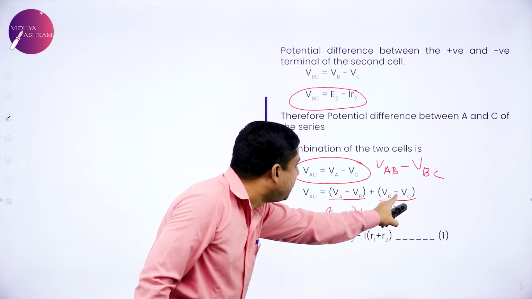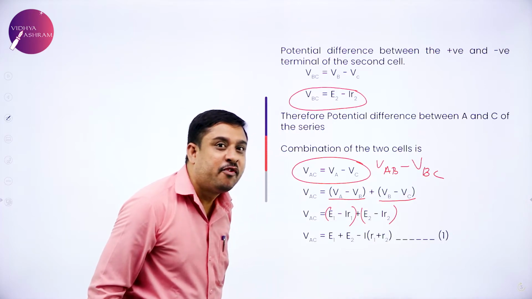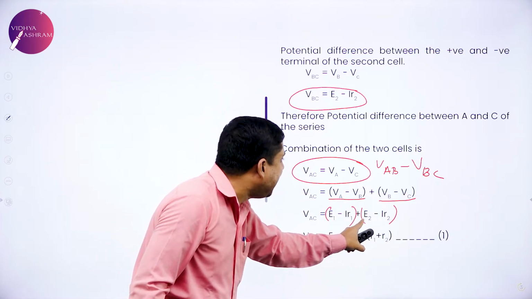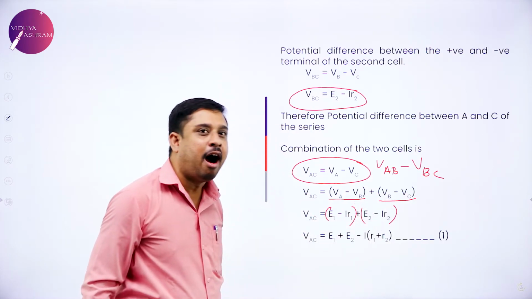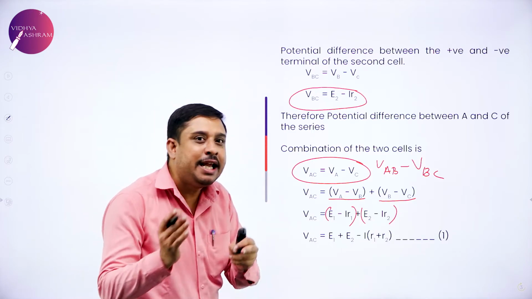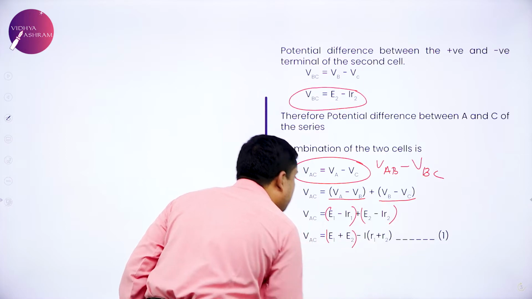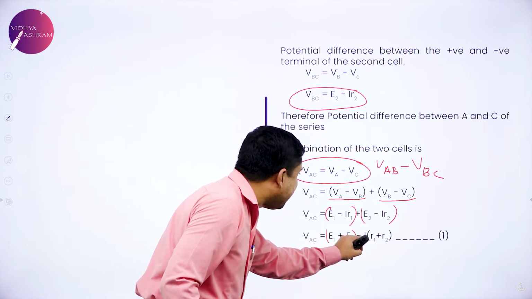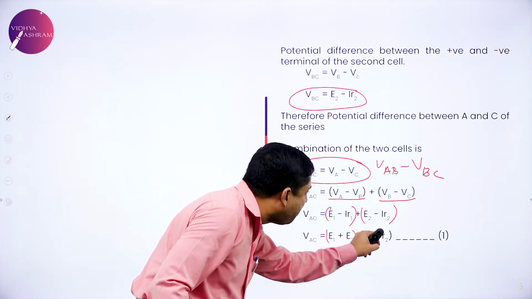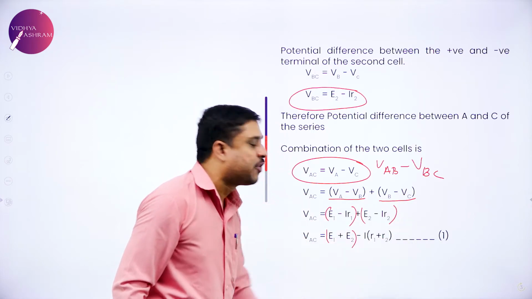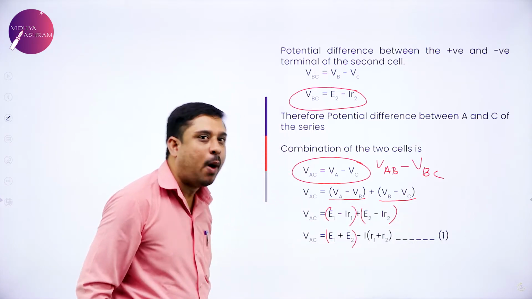VB minus VC is nothing but VBC, which is E2 minus I r2. Putting all EMF terms together, E1 plus E2 minus I into (r1 plus r2). So this forms equation 1.